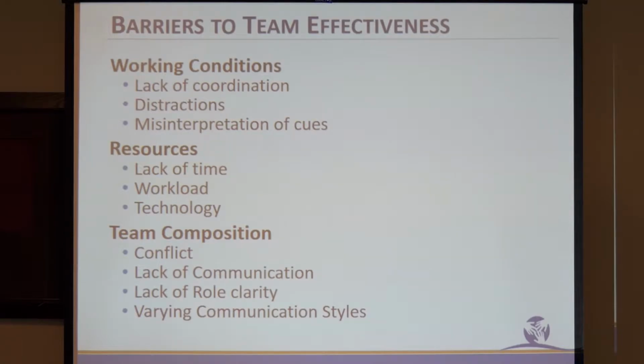Technology can also be a barrier. If you don't have the right tools that you need to accomplish your work, your job, your tasks, that will definitely be a barrier, whether it's the size of the monitor. In our organization, perhaps having a third or a fourth monitor allows you to work more efficiently as a team.